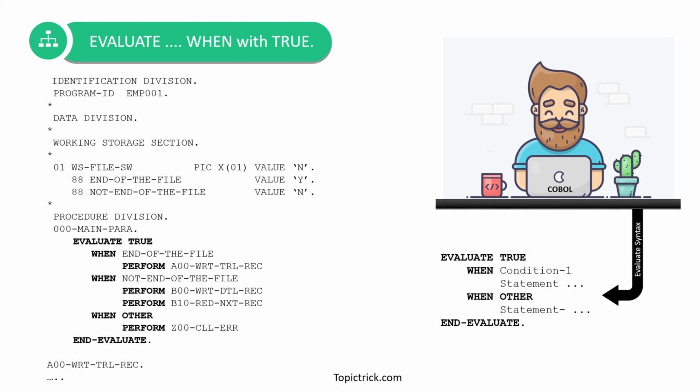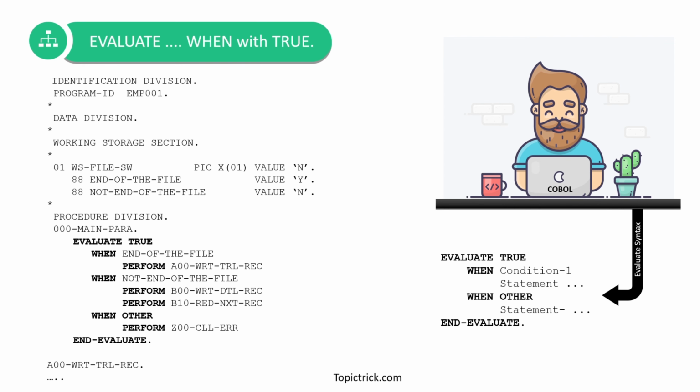The best part is that as soon as a condition is satisfied, it picks up the statements that need to be executed, executes them and moves out of the evaluate statement. So the fact of the matter is that you should always prefer the COBOL evaluate statement rather than COBOL nested ifs.